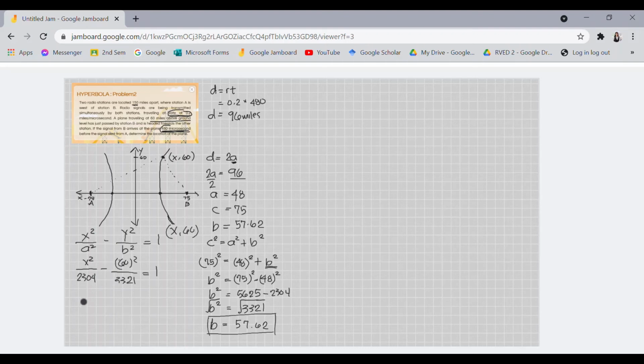Let us isolate it. We have x squared over 2,304 equal to 1, and then transpose, this will be plus 60 squared, which is actually 3,600, so 3,600 over 3,321. So this is our solution, and then let's proceed.